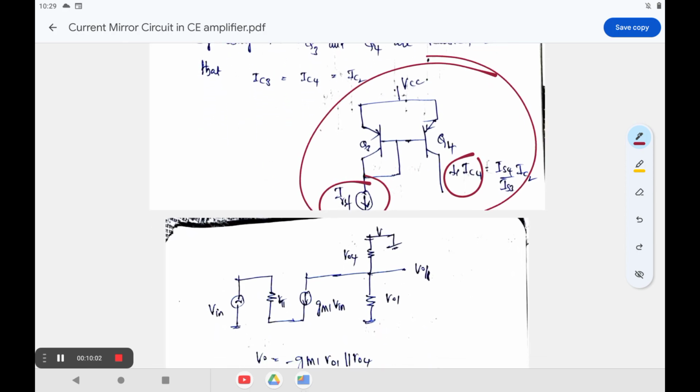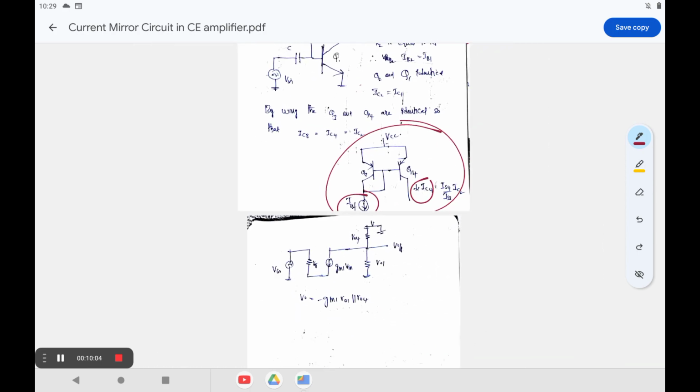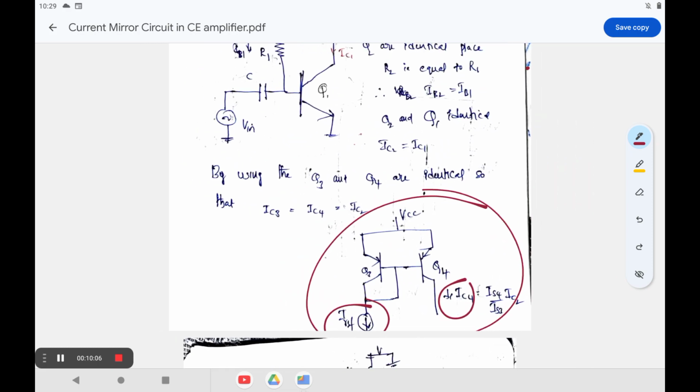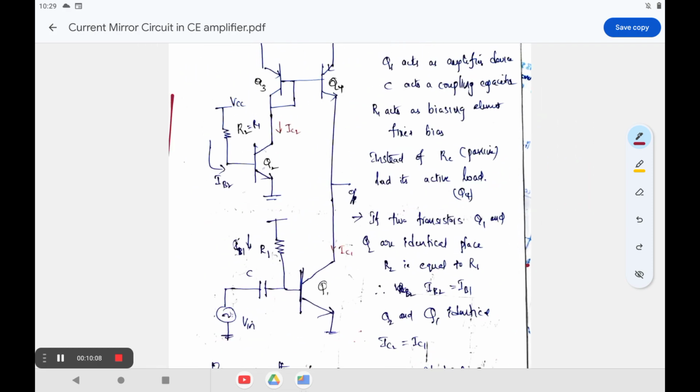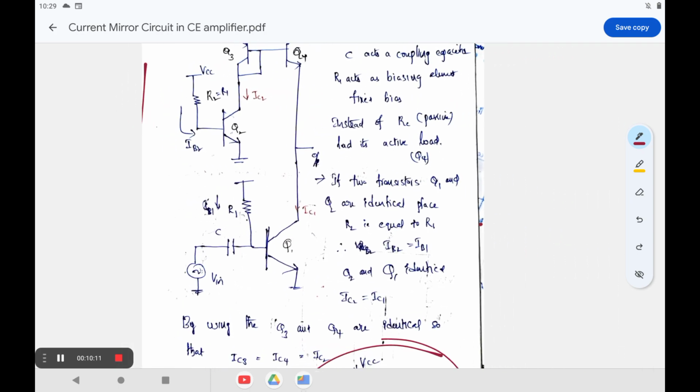That is all about the current mirror circuit in the CE configuration model. That is just the basic thing, right?